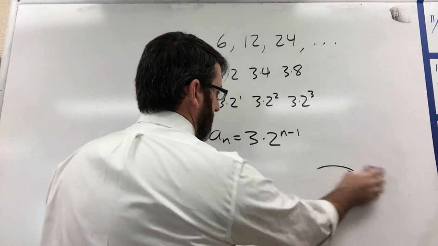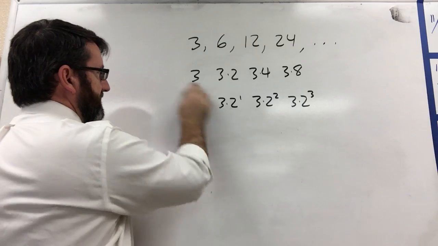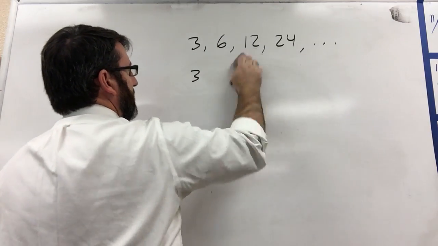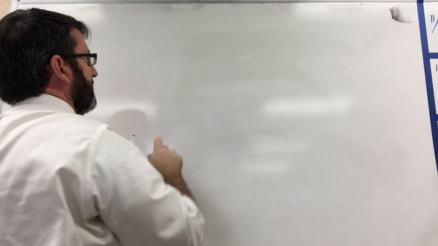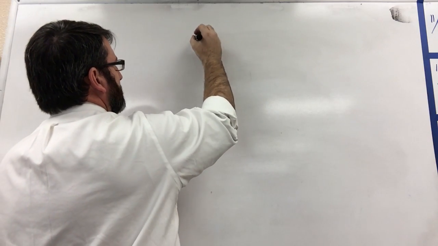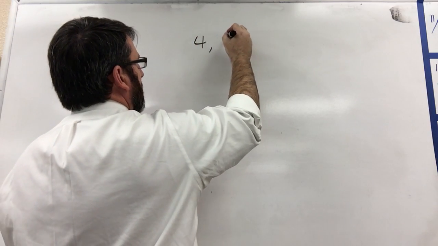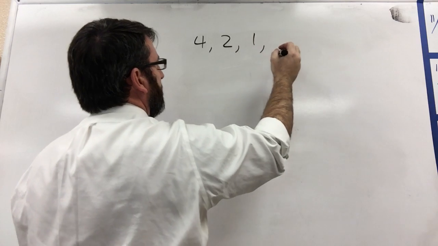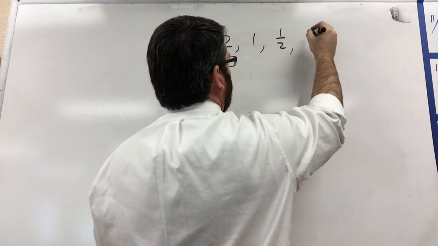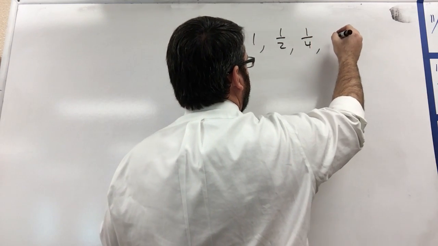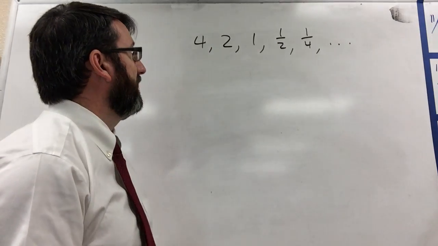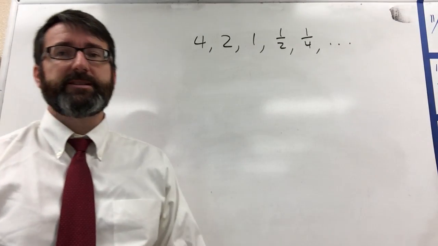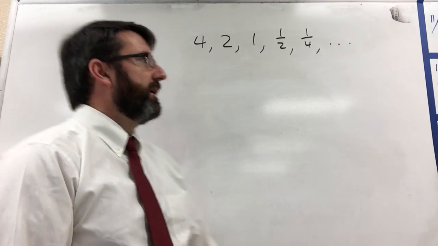But let's say we have a slightly different sequence here. Let's say that we've got a sequence like this: 4, 2, 1, 1/2, 1/4, etc. Well, can we add all the terms of this sequence off to infinity?